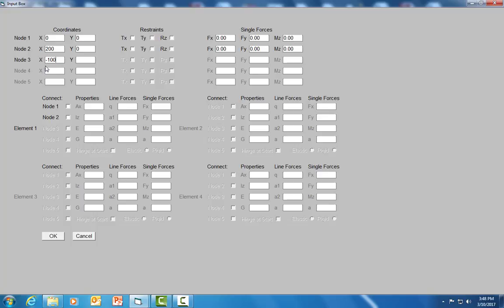That is not in X. I made a mistake, easily done. In X direction, we go minus 100. I was right. Minus 100.